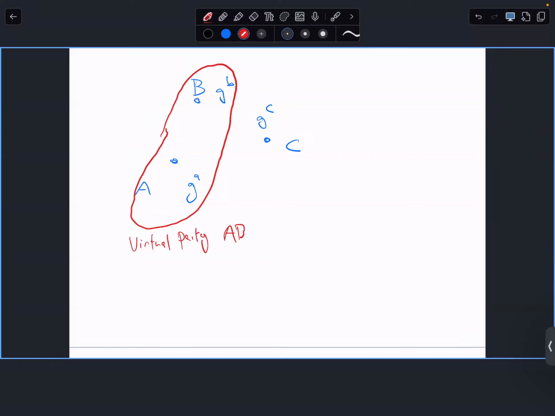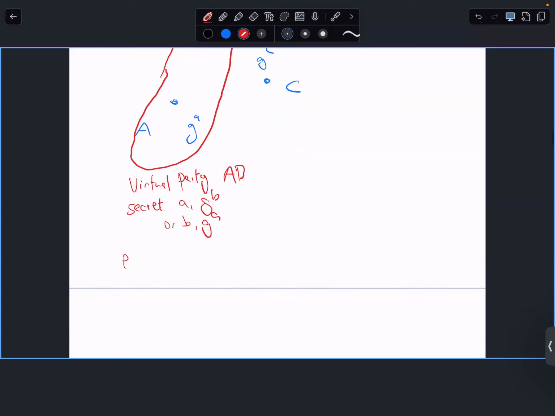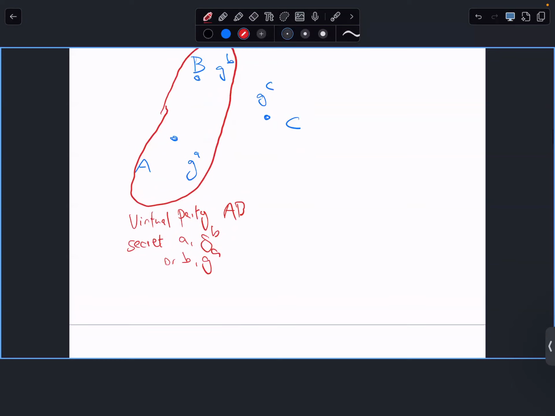And now, of course, we could say the secret here is either a, comma, g to the b, or b, comma, g to the a, but the public message is e(g^a, g^b), which is e(g,g) to the ab.